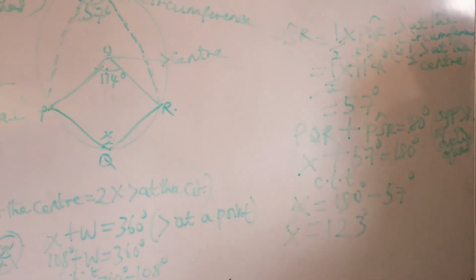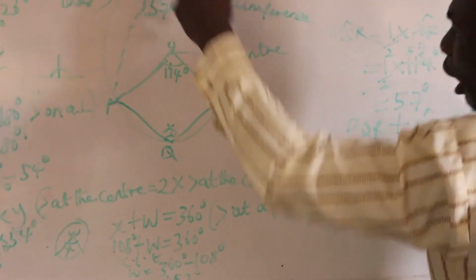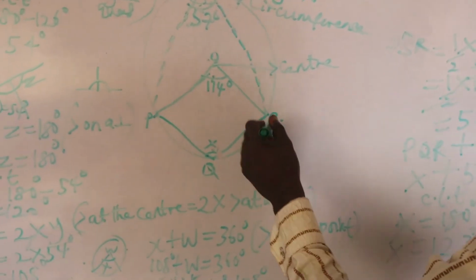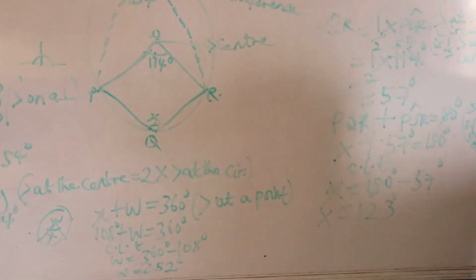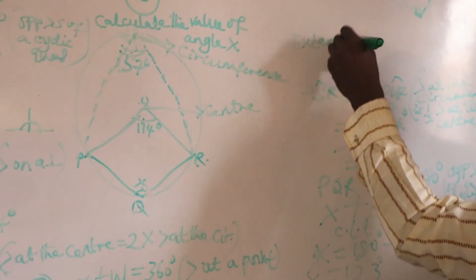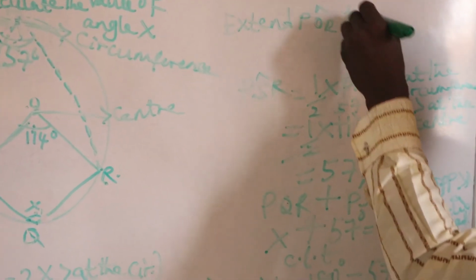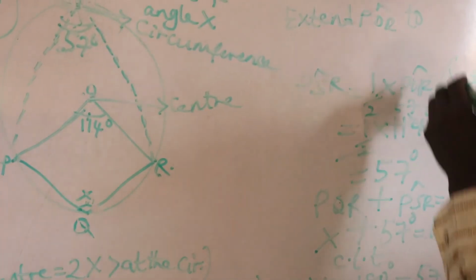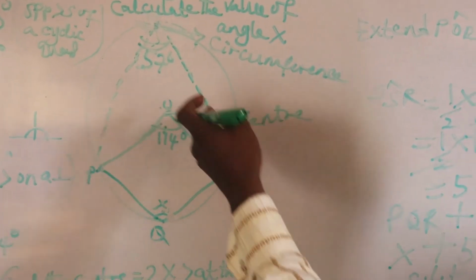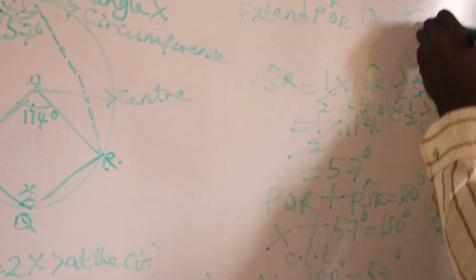And that is that. Please, I need to say that I've extended this. You have to inform the examiner that you actually did this. So you tell them: extend POR to get your X. You have to extend this POR to have your PSR.